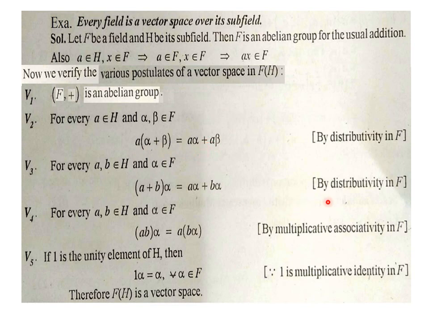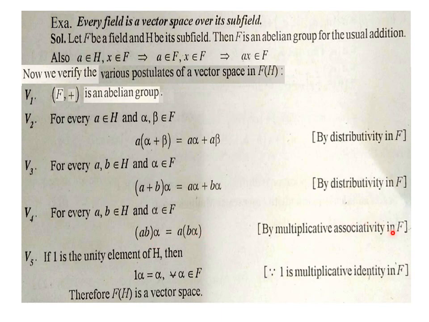Then the reverse of the 11th property will provide V3: a, b belong to H and alpha belongs to F, meaning all three belong to F because H is a subset of F. And then (a plus b) alpha is obviously a alpha plus b alpha using the 11th property of distributivity in the definition of field. Then take two elements a, b belonging to H and alpha belonging to F, meaning all three are elements of F only, and all three elements of F multiplied in any grouping will provide the same result.